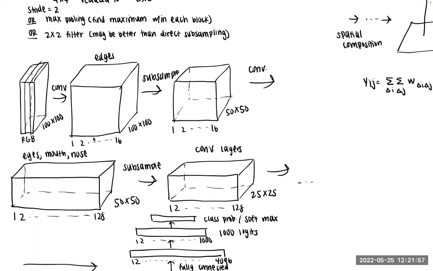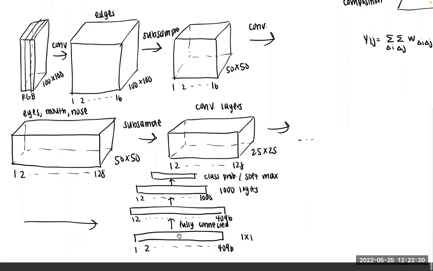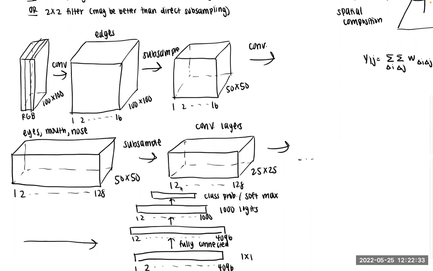So each channel takes care of one particular orientation. And then at the next stage, you keep composing those edges. So you can see eyes or mouth or nose and so on. And you keep composing. And here you may see a face. So this is a thought vector about the face. And then you use a fully connected layer to finally make classification, right? And to decide what object it is. Okay.